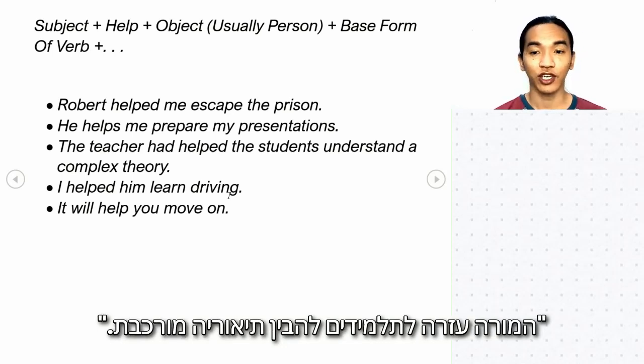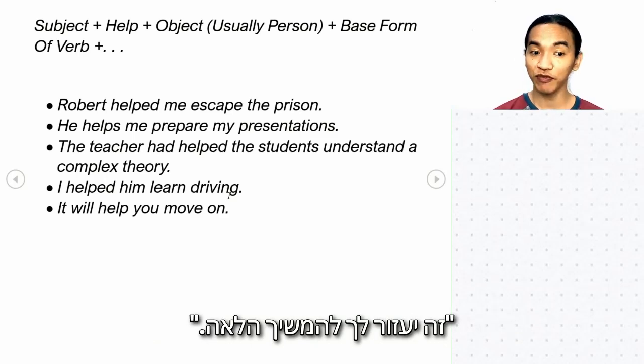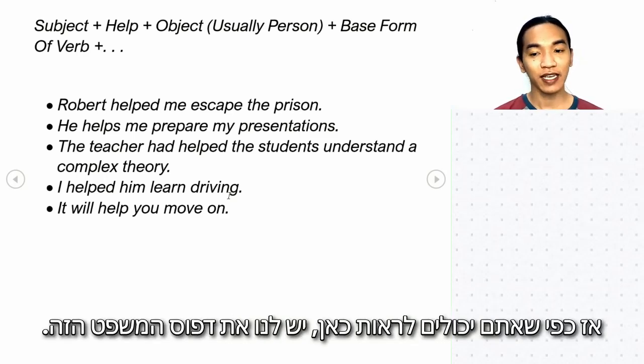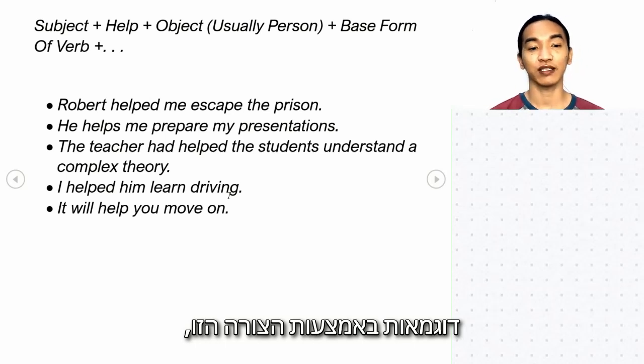The teacher had helped the students understand a complex theory. I helped him learn driving. It will help you move on. So, as you can see here, we have this sentence pattern. I want you to look at these sentences and think about more examples using this form.